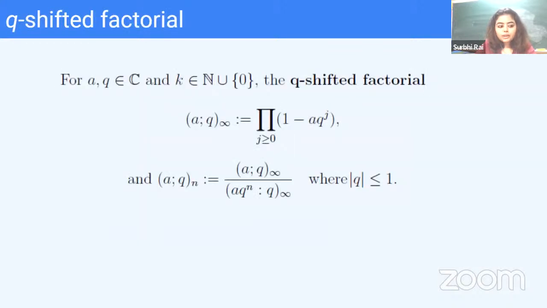First we will look at the key formulas of Liu and their generalizations. For that, we need the notation of q-shifted factorial. For complex numbers a and q, the infinite q-shifted factorial is defined as an infinite product of terms of the type 1 minus a q^j, where j runs over all the non-negative integers. Similarly, we define the finite q-shifted factorial, say (a;q)_n, as a fraction of this form.